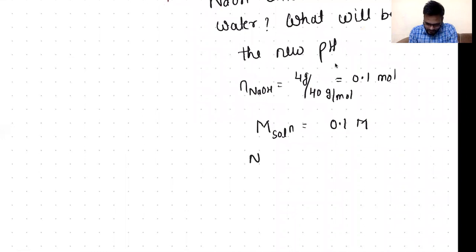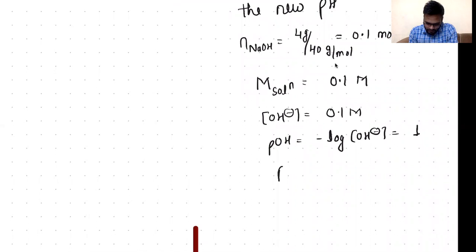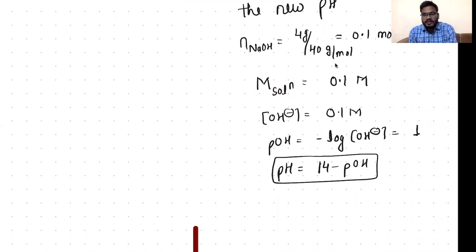Concentration of OH minus from the solution will be 0.1. Hence, pOH will be negative log of OH minus. It will come as 1. So pH will be 14 minus pOH. At 25 degrees Celsius, this is the relation between pH and pOH. So it will come as 13.